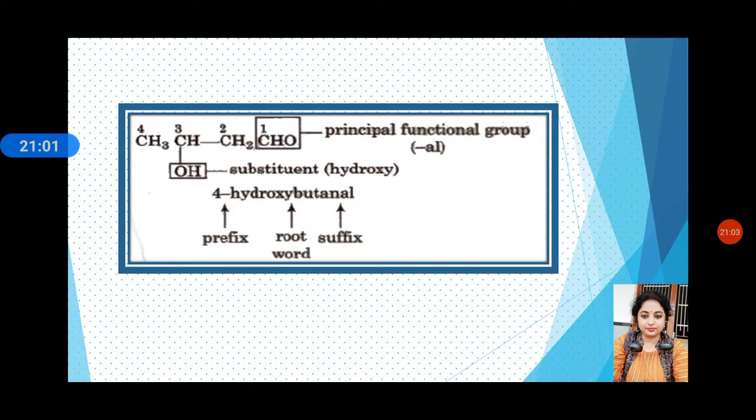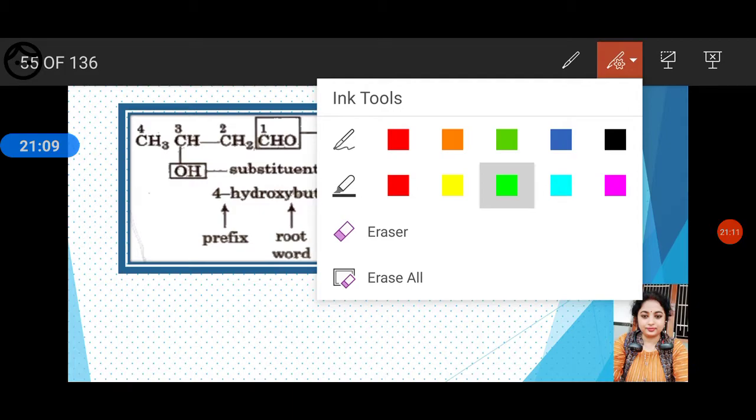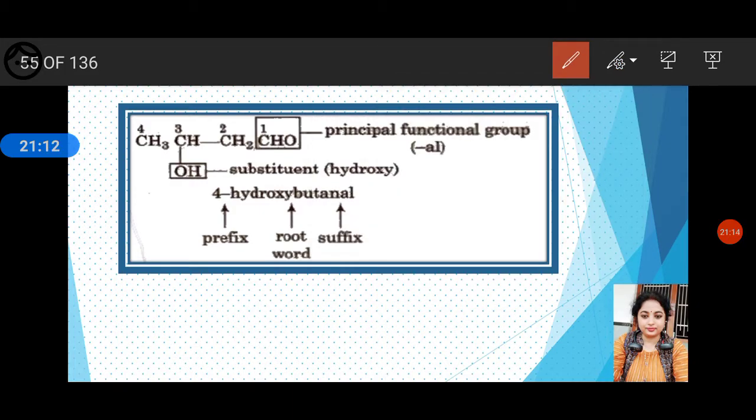See here, one example is given. Two functional groups are present in this: CHO, the aldehyde group, and the OH alcoholic group is also present.